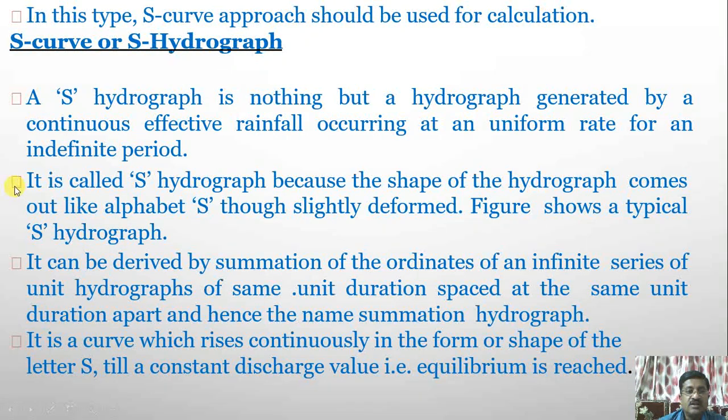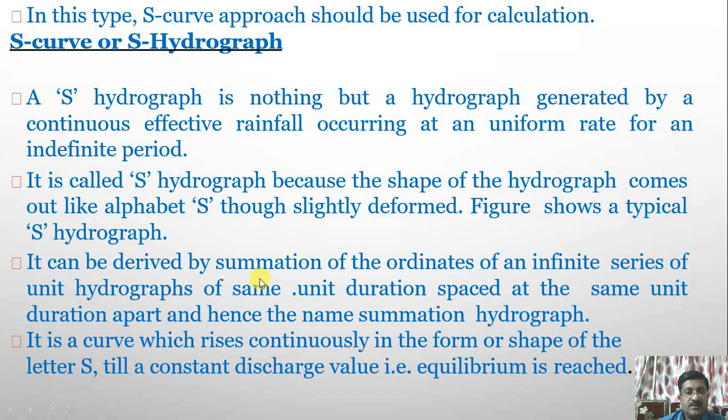Then, one more point we have discussed, which it is necessary to elaborate: it is called S hydrograph because the shape of the hydrograph comes out like the alphabet S, though slightly deformed. Now the figure that we are going to show is a typical S curve hydrograph or S hydrograph.